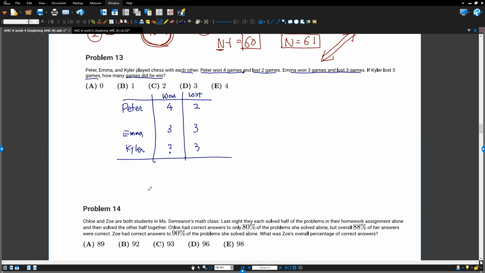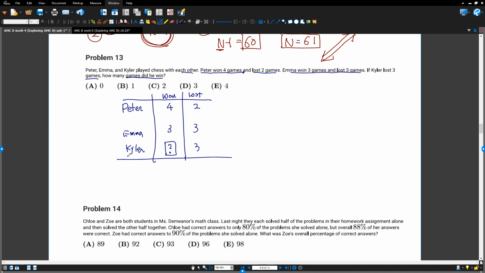How can you find the winning number for Kylo? Anybody can give me an idea? Compare the numbers with what Peter and Emma have.